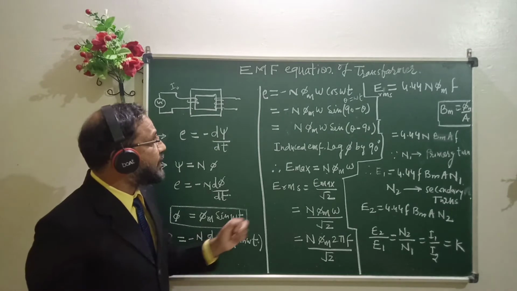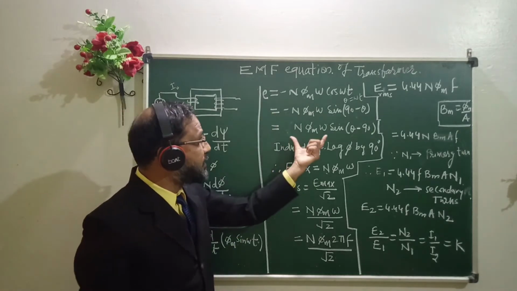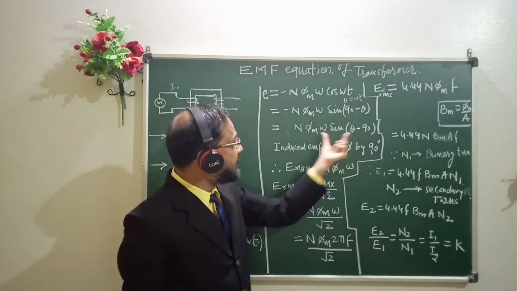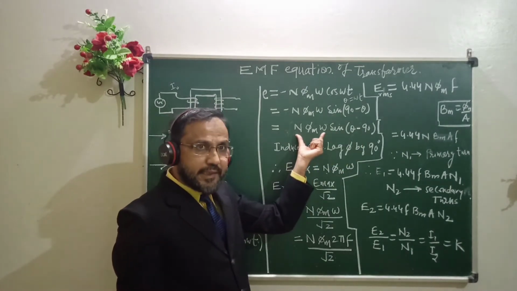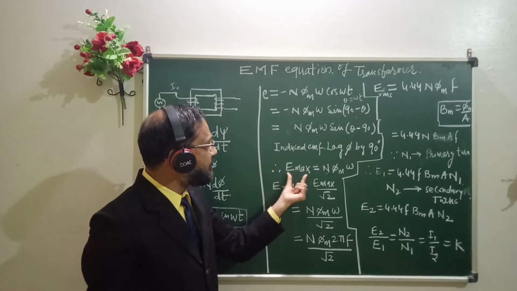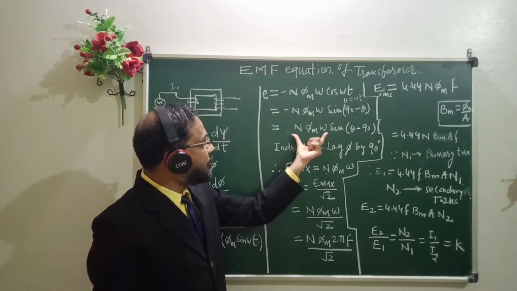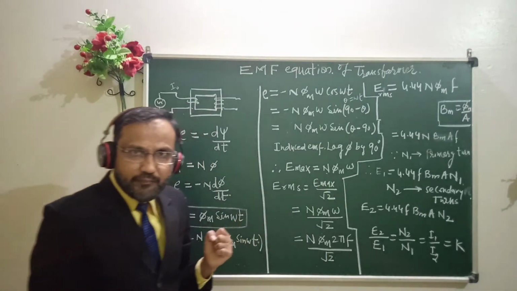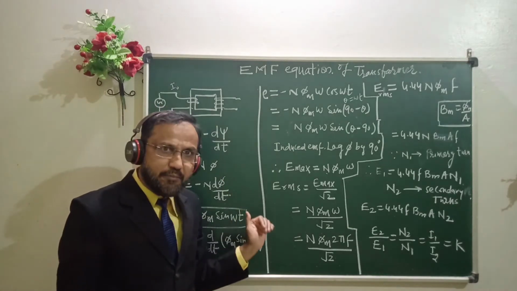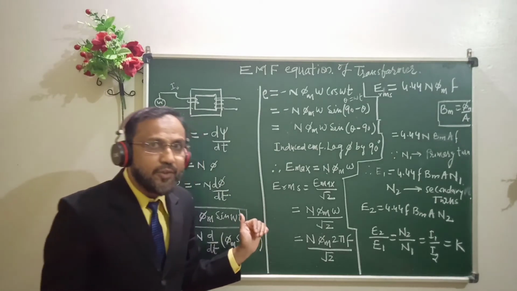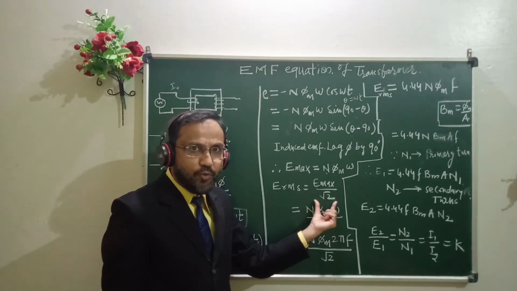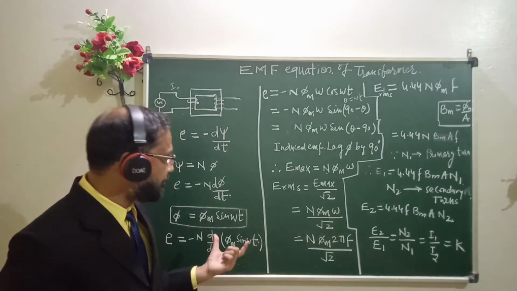Now, if I ask what the maximum value of this induced EMF is, the maximum value of the sine function is 1. It means E maximum is equal to N phi m omega. If we want to convert this maximum value into RMS, we have to divide it by root 2. E RMS equals E maximum by root 2 for a sinusoidal function.